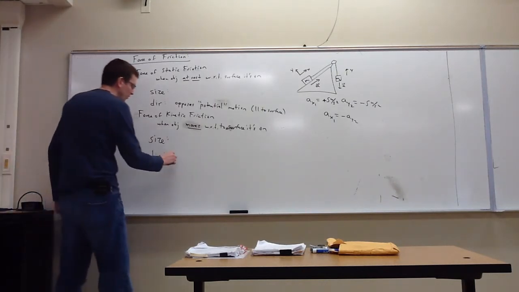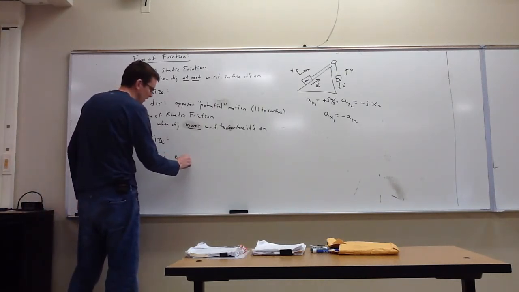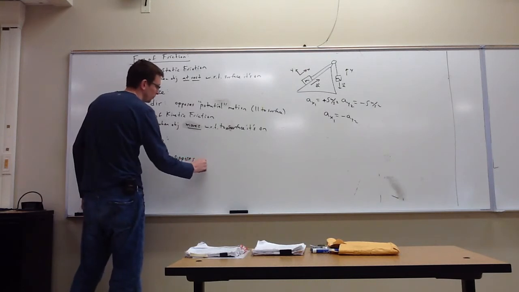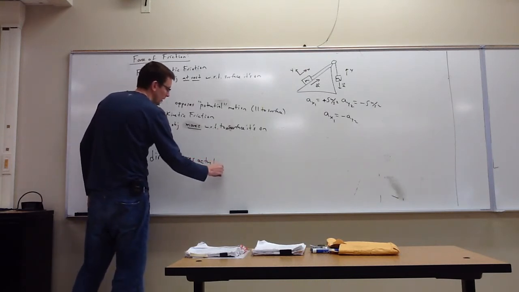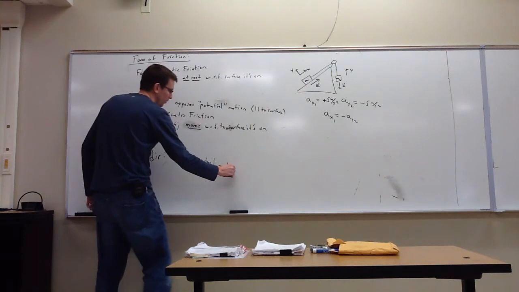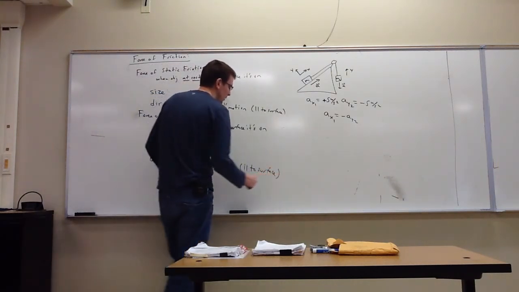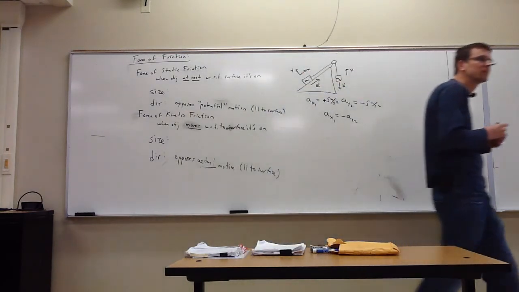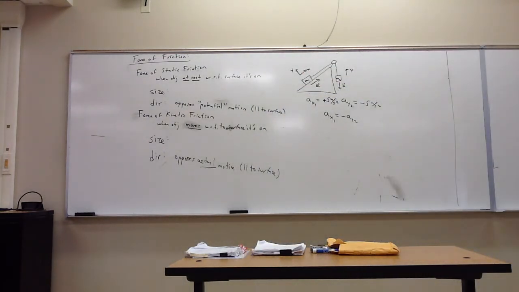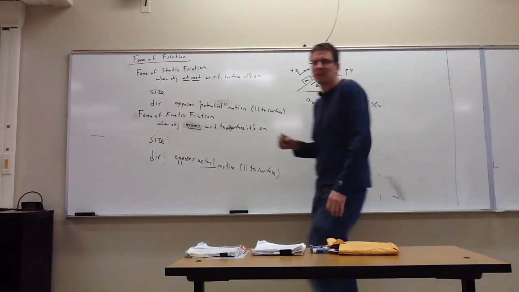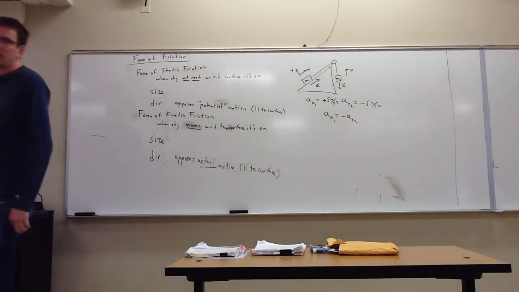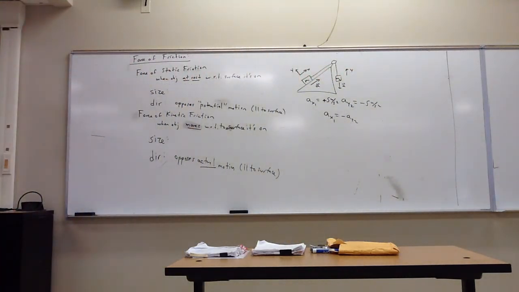On the kinetic friction side, it just simply opposes the actual motion. And again, it's going to be parallel to the surface. So there's nothing in the direction that would seem to imply that there's a huge bit of difference.